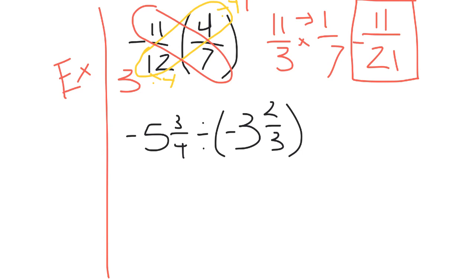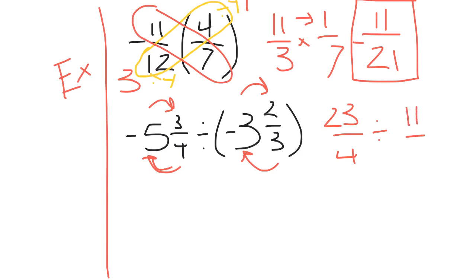So the very first thing that I'm going to do is circle both of these numbers and turn them into improper fractions. So 4 times 5 is 20, plus 3 is 23, so this ends up being 23 over 4, divided by my next one, 3 times 3 is 9, plus 2 is 11, that becomes 11 over 3.